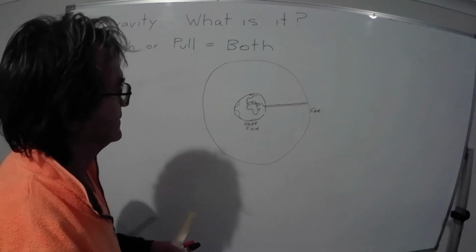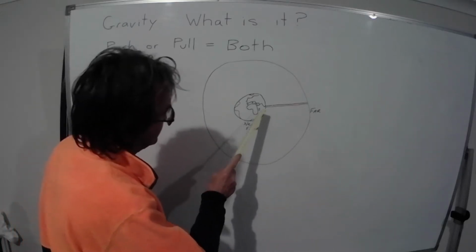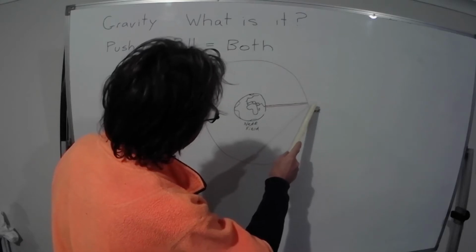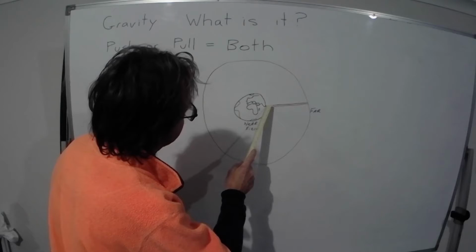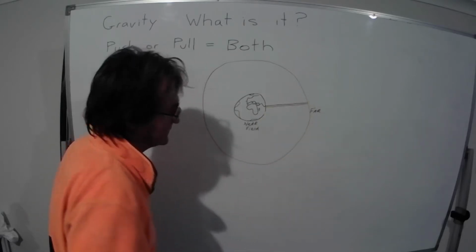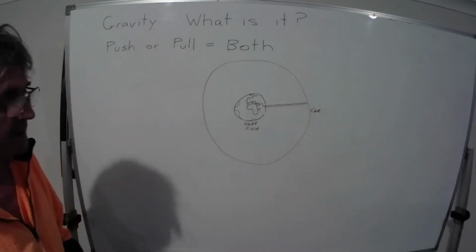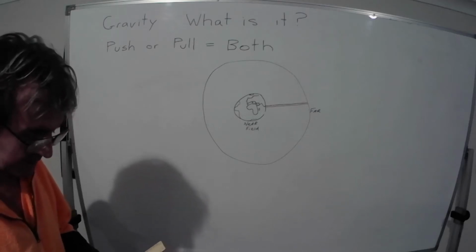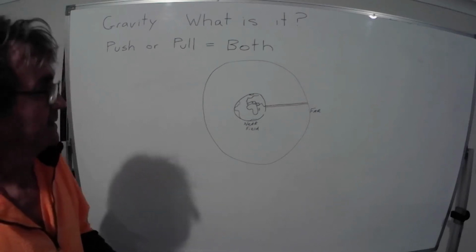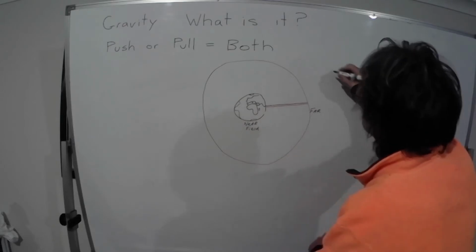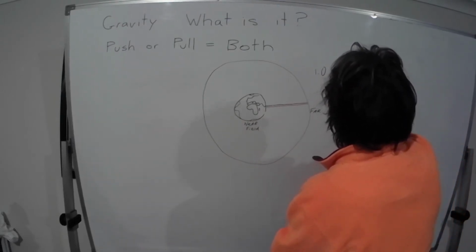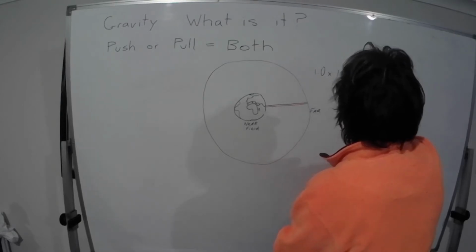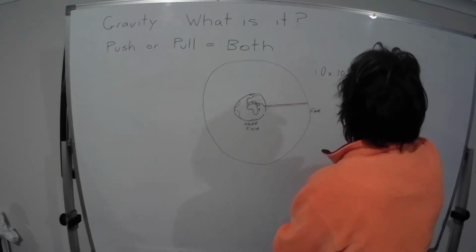And if you want to get into the math of it, these get thinner as they get further out, and down this end they're thicker, and the far field lines are thin. I think I calculated them out once. Say 1.0 times 10 to the 1800.